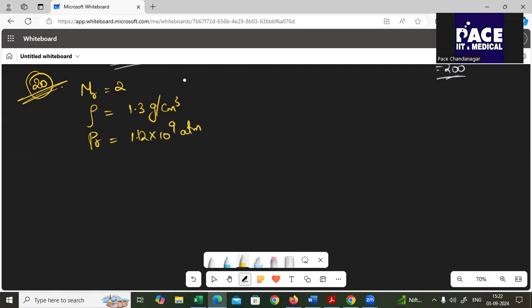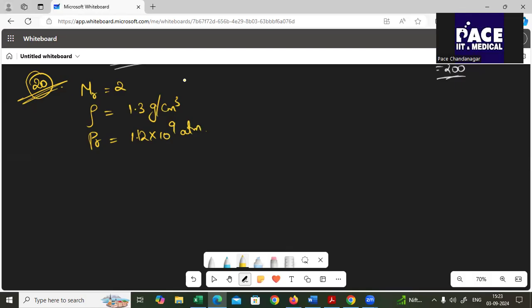Now, coming to question number 20. Assume the center of the sun consists of a gas whose average molar mass is 2, and the density and pressure are given to you. Density of the gas is 1.3 grams per centimeter cube and the pressure is 1.12 times 10 to the power 9 atmospheres.